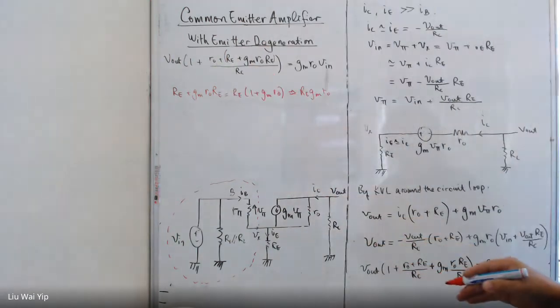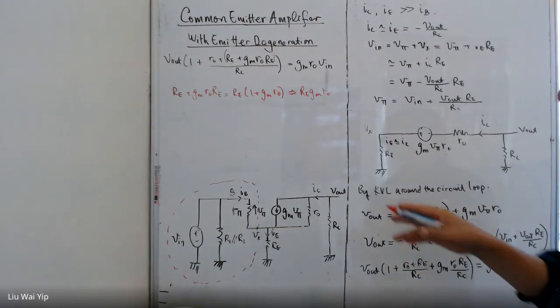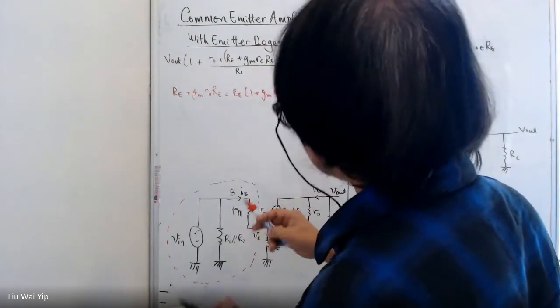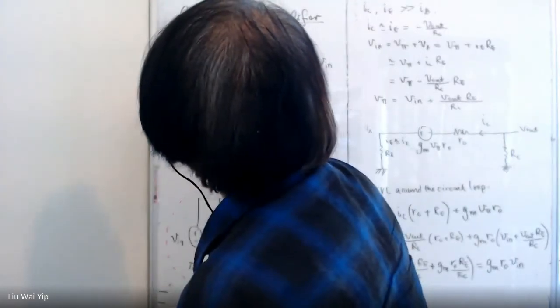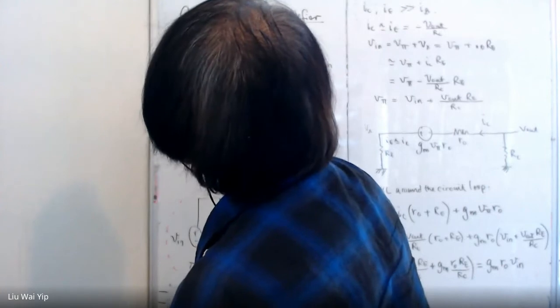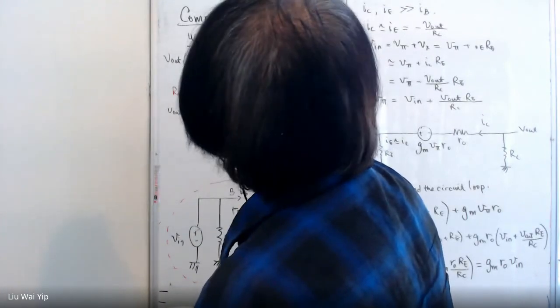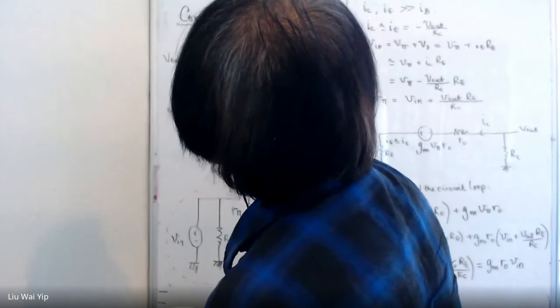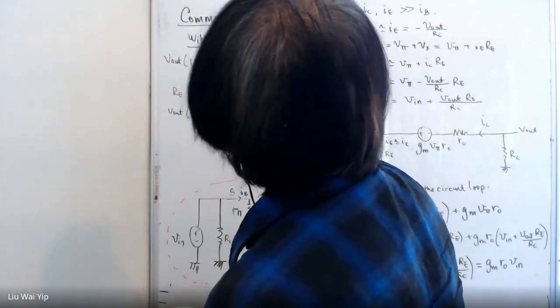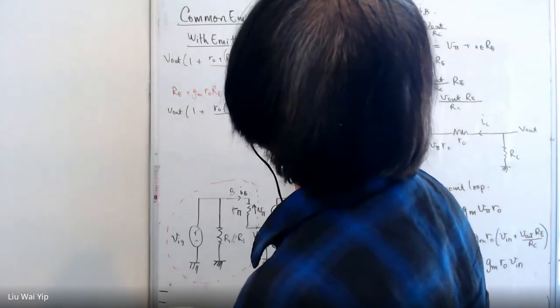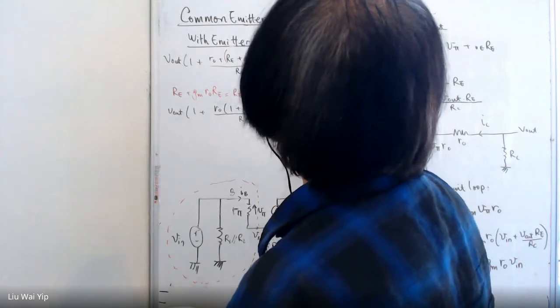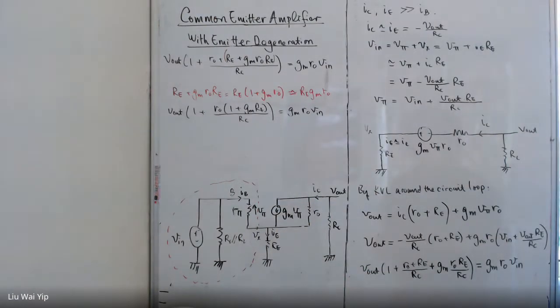So with this in mind, the expression here can be simplified enormously, and we are going to do it now. 1, and then r0, 1 plus gm RE, and then RC. So we can simplify the circuit now.